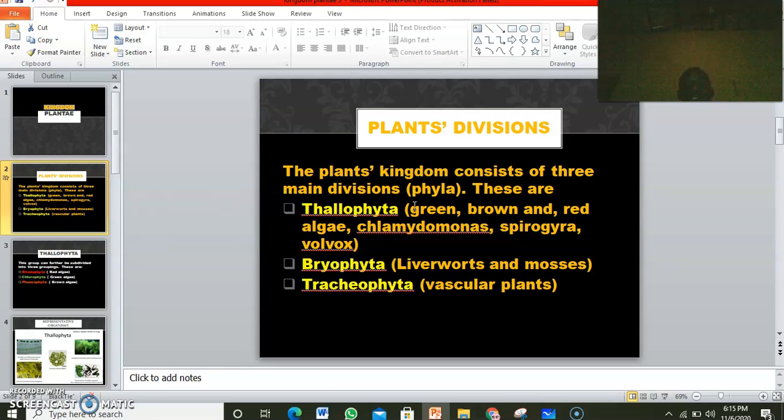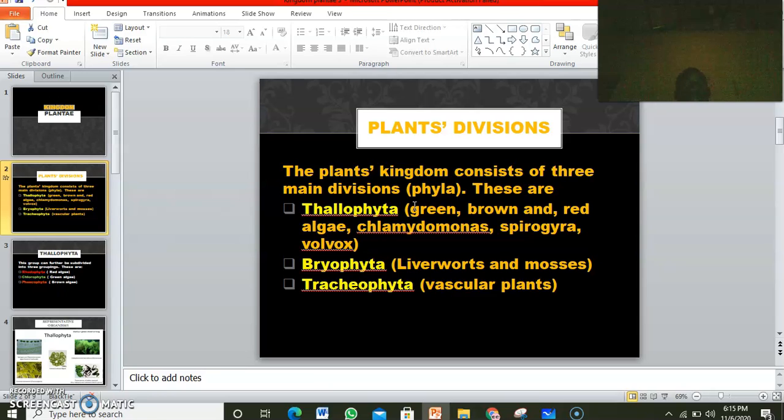And then we have Volvox also. They actually are single independent cells, but they usually live in colony, they usually live in groups. So they are regarded as single cell organisms, but they are plants since they undergo photosynthesis, that is autotrophic mode of nutrition.